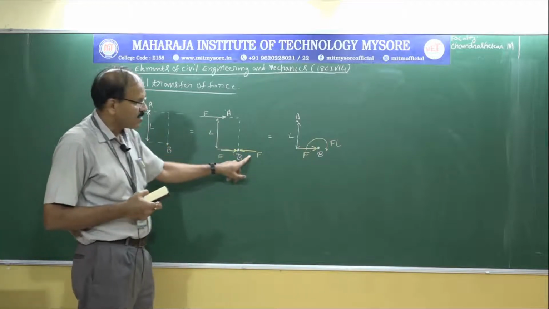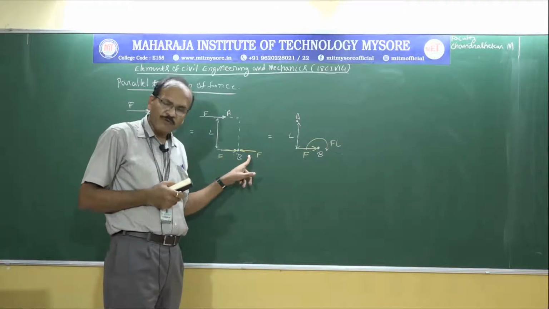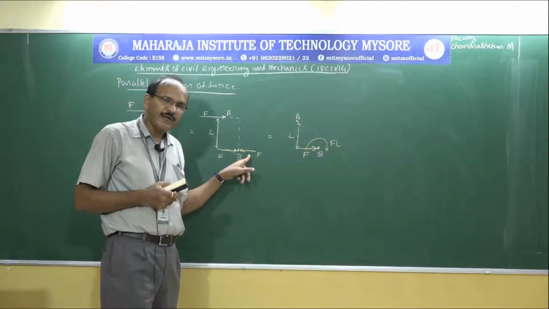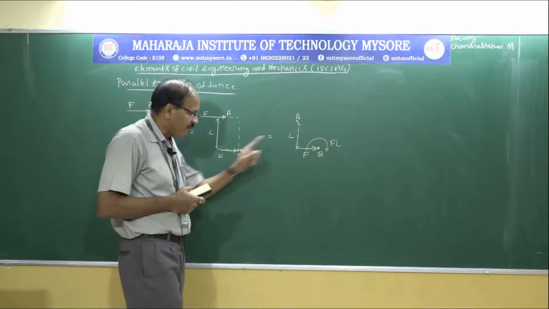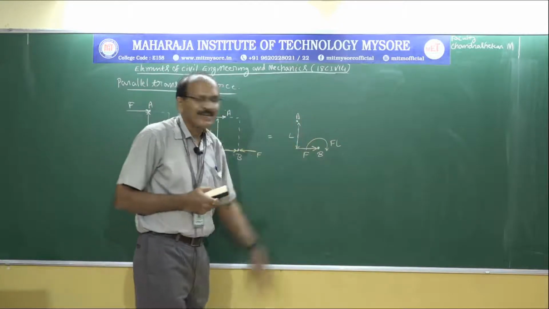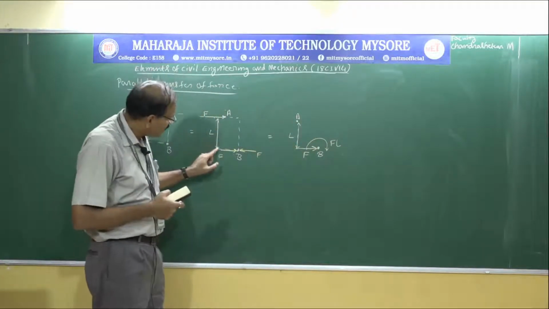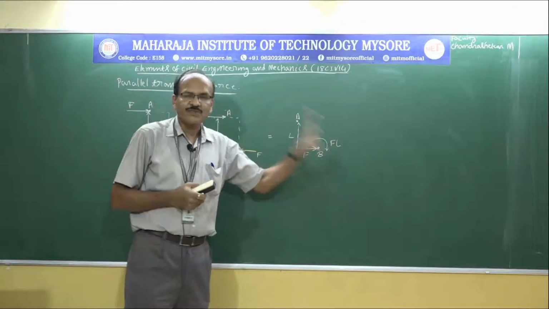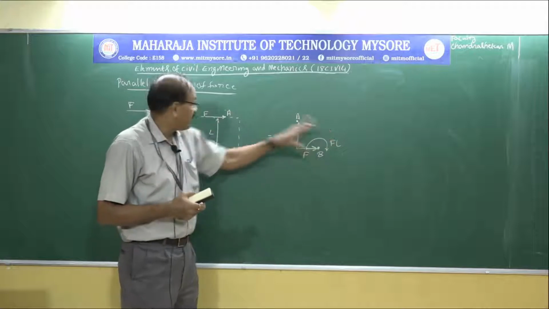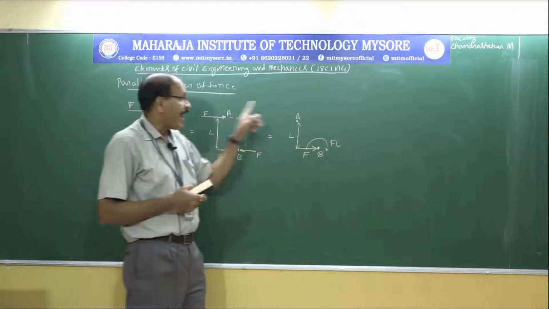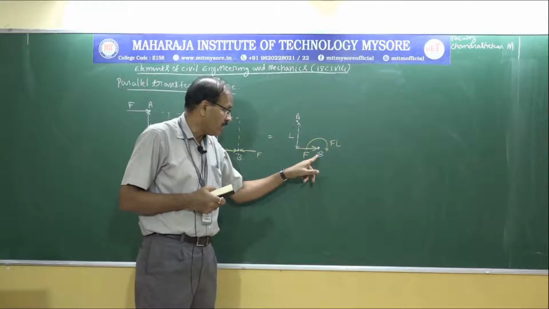Then these two equal and opposite forces, separated by a distance L, form a couple of magnitude FL. I put that FL here, and this force F remains as it is. So this is the effect of this force acting at A on the point B.